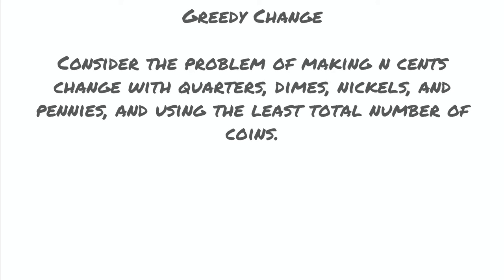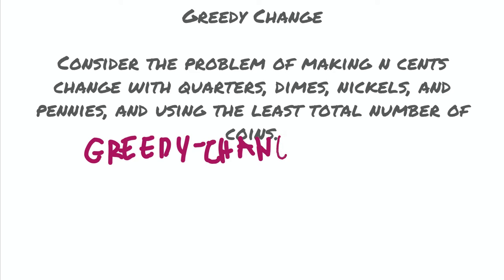So let's just call it greedy change. The input arguments involve the amount of money, let's just use x for the amount, and the coin denominations as well, composed of n elements.